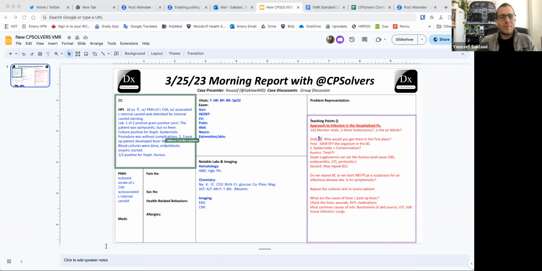If, for example, the options were vancomycin or cefazolin or a combination of the two, do you all have a framework for what antibiotic we would choose for just Staph aureus in blood?